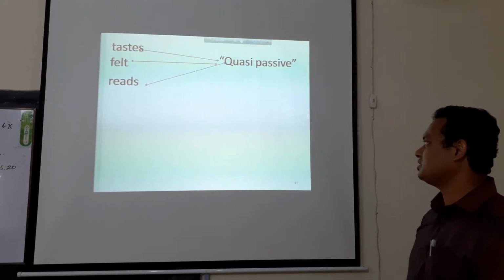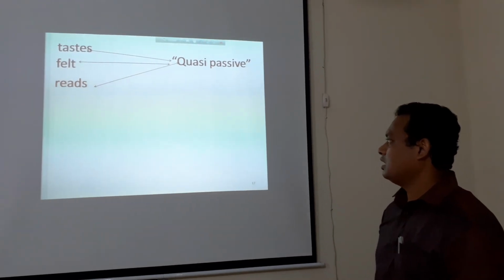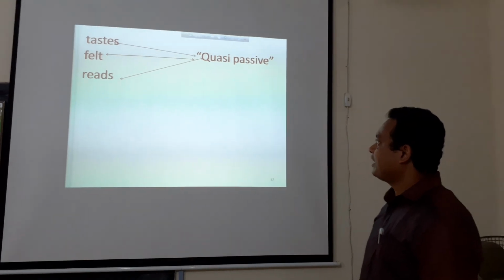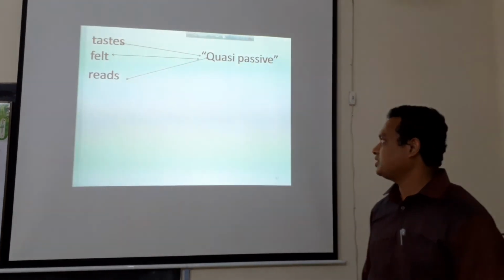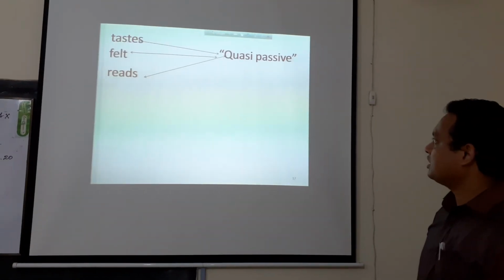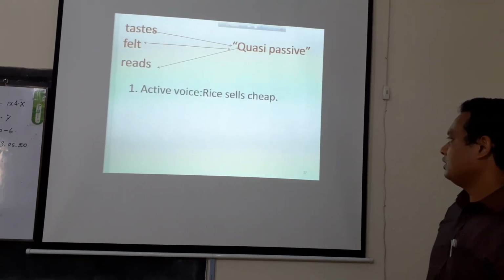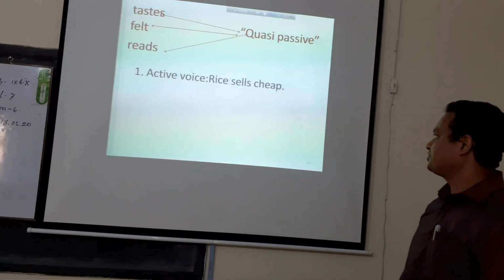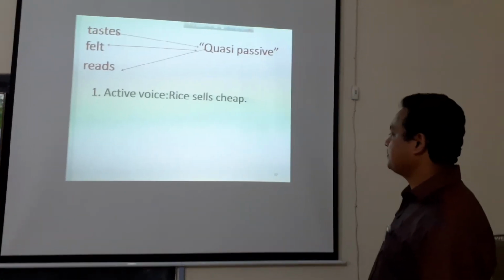The structure of the verbs is active, but the meaning is passive. So these verbs are called quasi-passive. In active voice, rice sells cheap. Here, sells is quasi-passive.